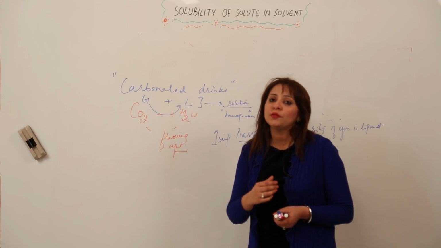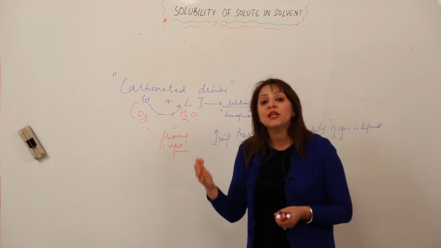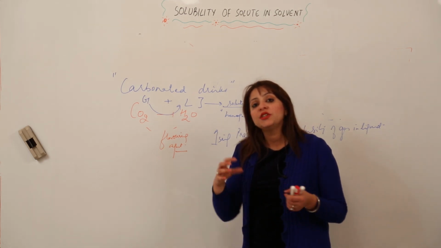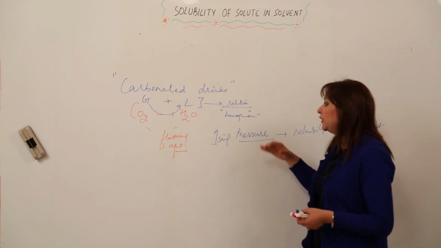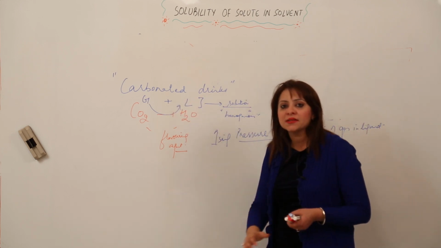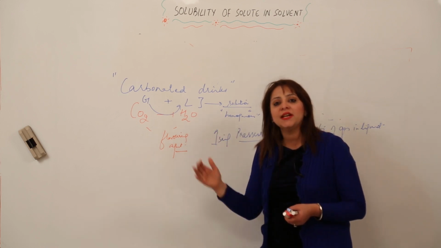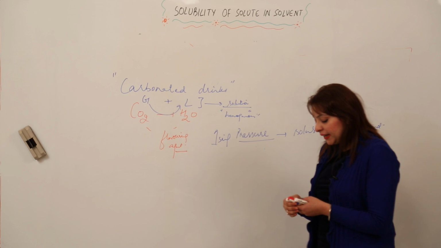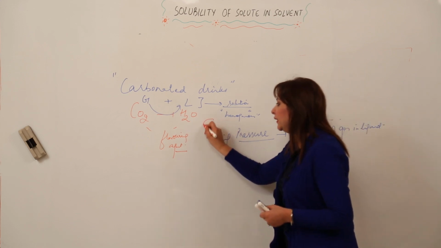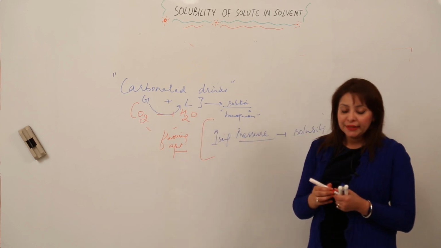The more the pressure, the more mass of gas gets dissolved in the liquid. And when you decrease it, the solubility of the gas in liquid decreases. That means the gas starts separating out, the solute starts separating out from the solvent. So by increasing the pressure, we can increase the solubility of gas in liquid.